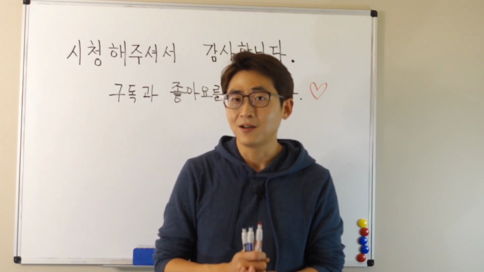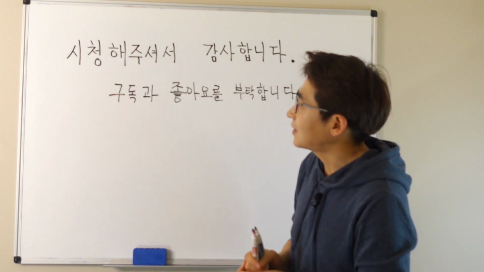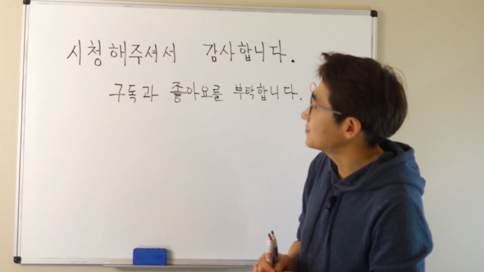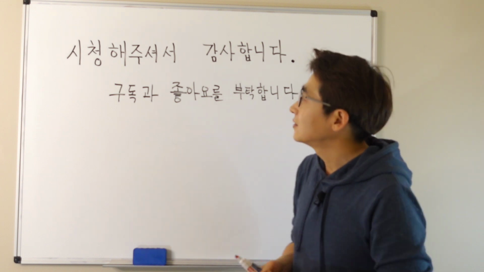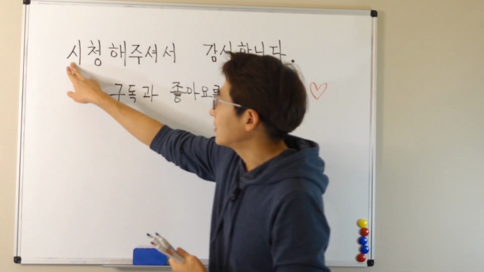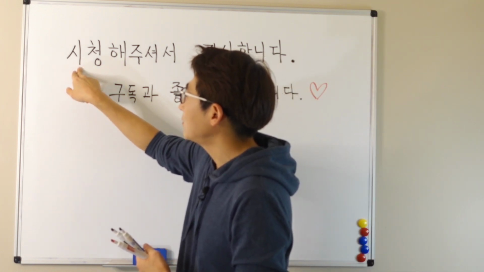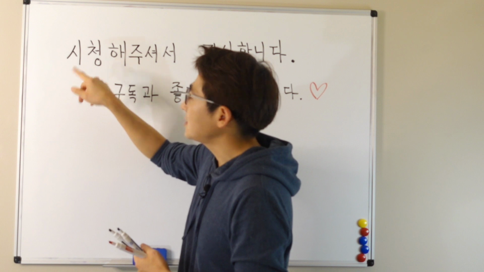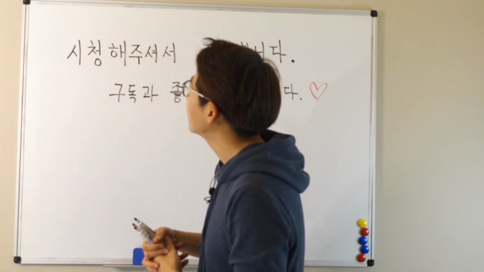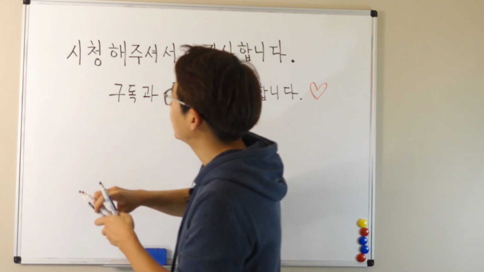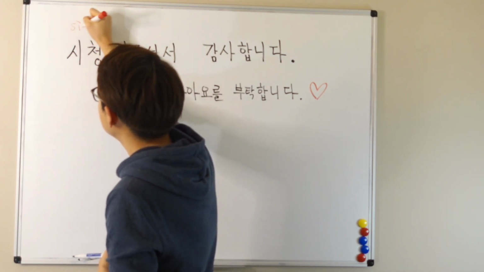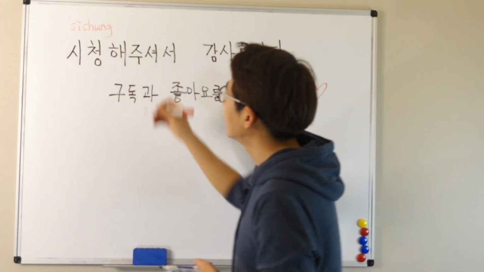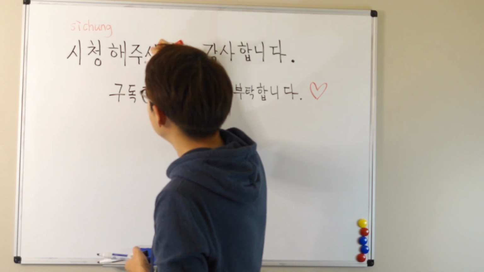And before I call this off, I have another practice that I want to do today. So, using the alphabet systems and the rules that I've given you, let's do some practice. Here, we have 시옷 and the vowel E. So it's 시. And then we have the chi sound, and we have 응. So the first part becomes 시청, 시청, and then we have 해, 주.